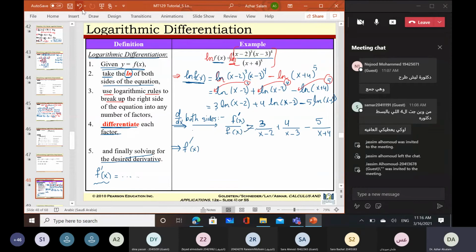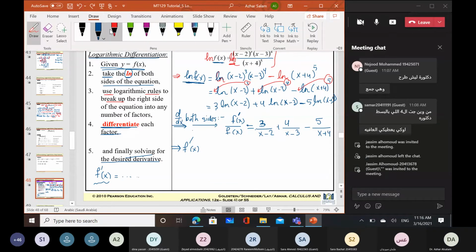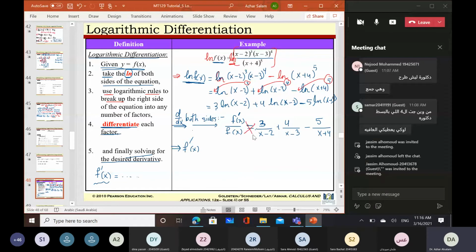Okay, I will multiply. I will make a cross multiplication like that. I don't actually have to write f dash here. I only have to take this and multiply it on the upper side here.